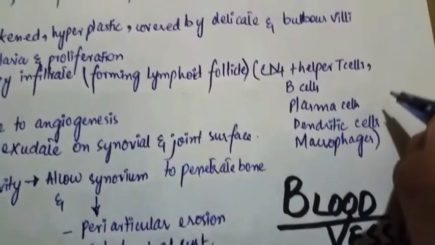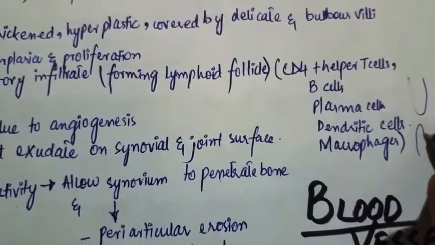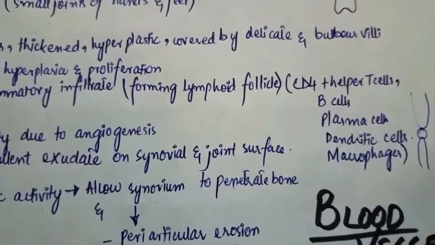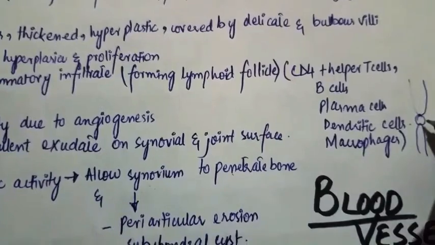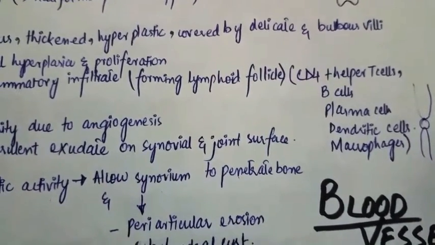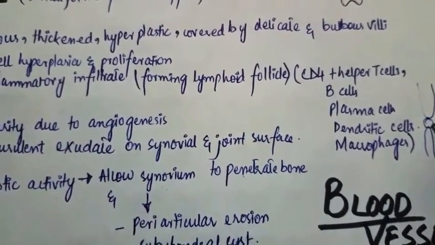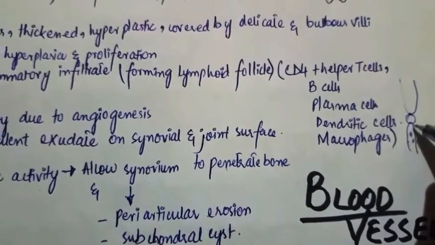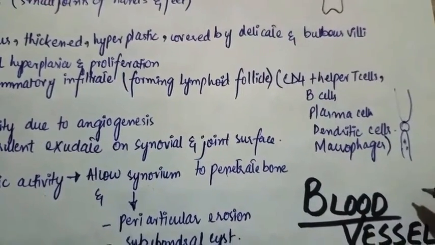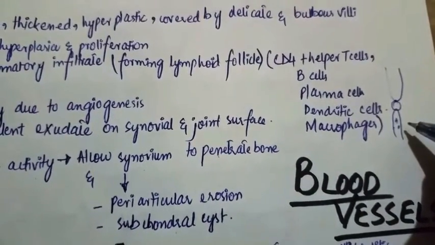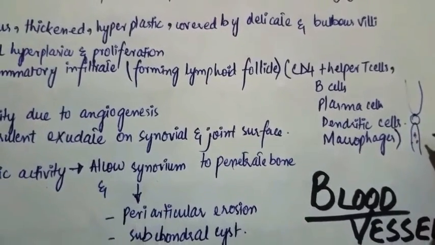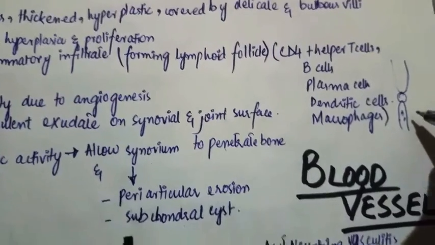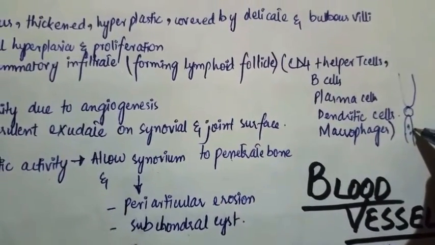For example, these are the two bones and the synovium present between these two bones. When there is rheumatoid arthritis, there is a stimulation of the cytokines or the stimulation of the synovial cells, which ultimately stimulate the osteoclastic cells present in the bone, and the stimulation of osteoclastic cells will form a cavity which leads to the formation of the subchondral cyst due to the penetration of the synovium into the subchondral space.